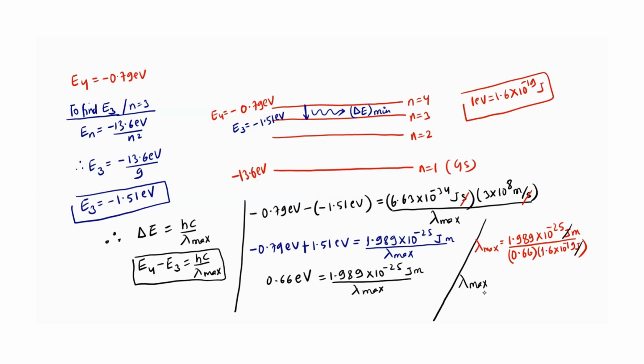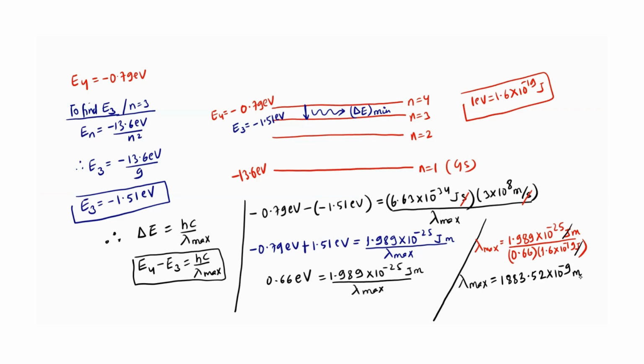So this equals, when we do this simplification, we get 1883.52 times 10 power minus 9 meter.